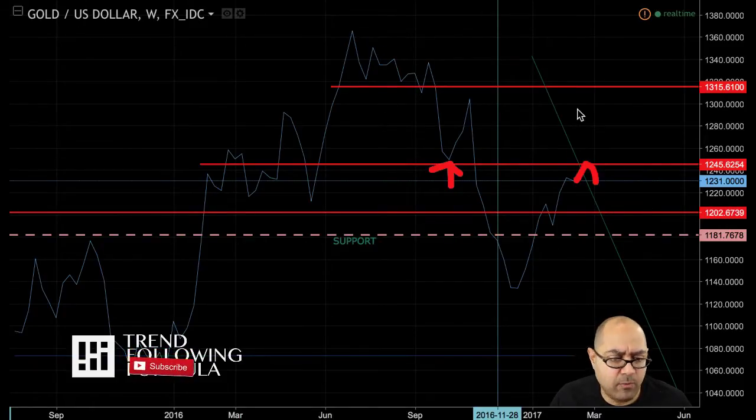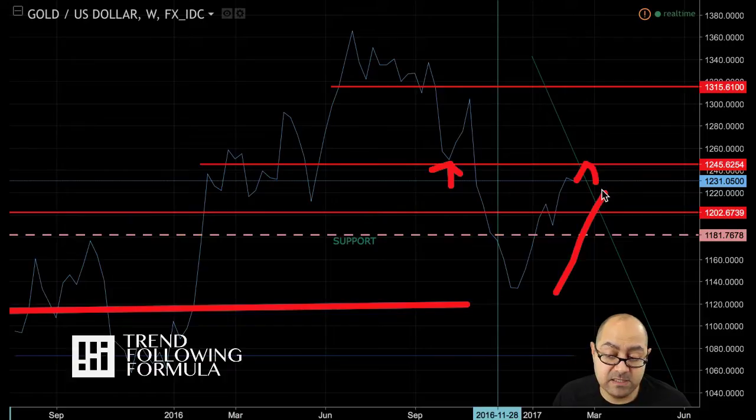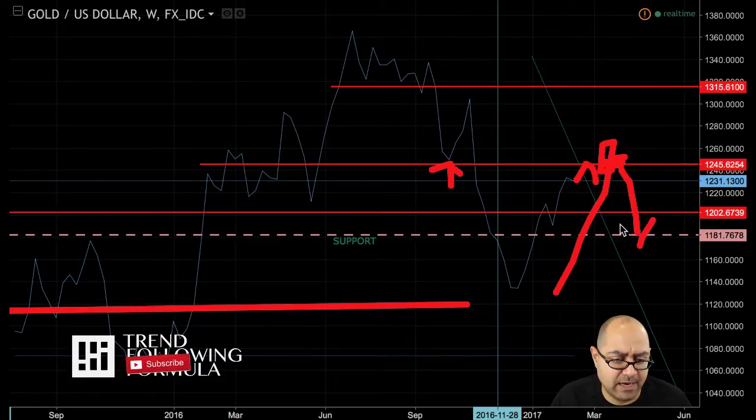However, now we are approaching a corrective area, which we need to really respect, because we had a strong rally now for a period, and usually if you are hitting a resistance coming from a very long distance, the energy is very limited, and people were buying that market for a long time, and the bulls are tired. Bulls are tired, and bears are waiting here in that area, just looking for an opportunity to attack and push that market down again.